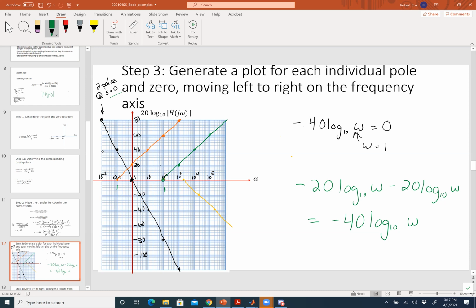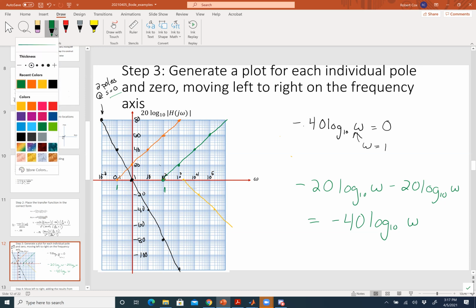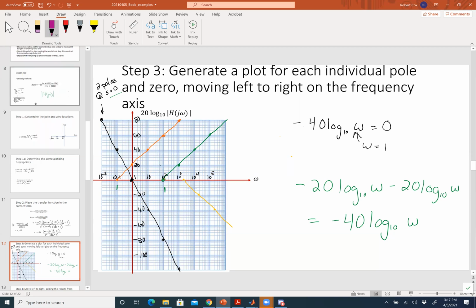The way that I do that, to do the total curve, I'll do a purple line here. I'm going to follow this guy until I get to here. At that point, I reach a breakpoint, so my slope is going to go down from negative 40 to negative 20.